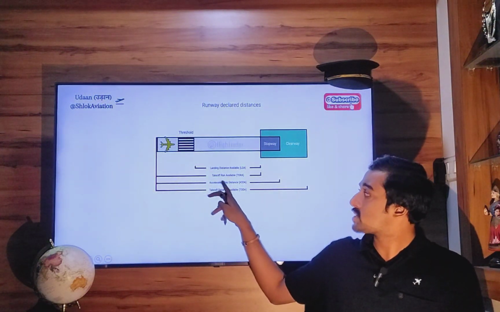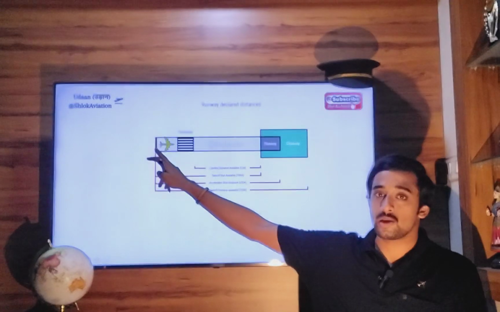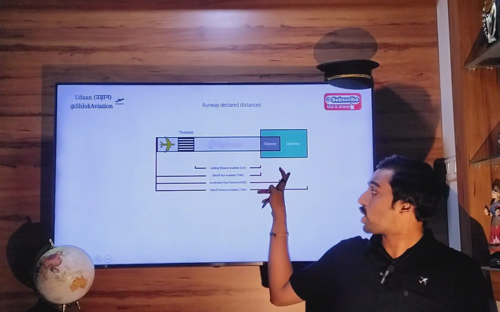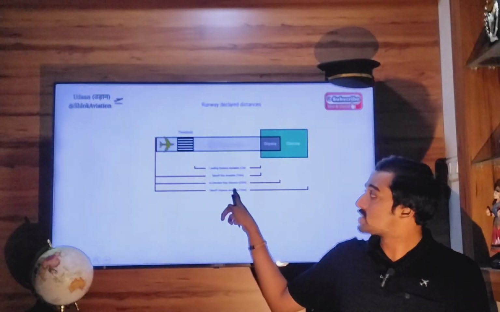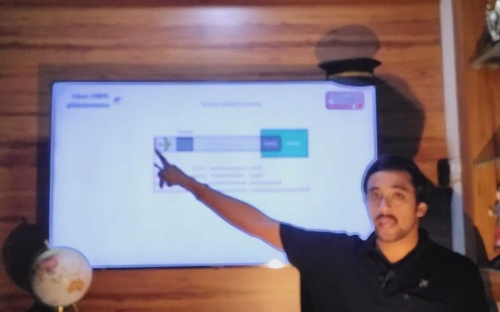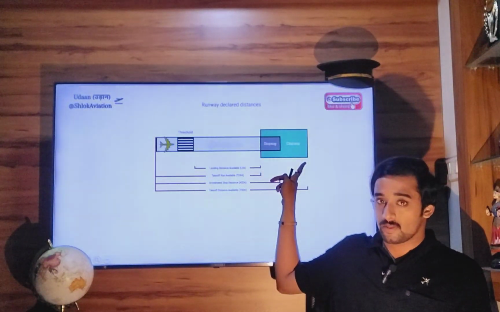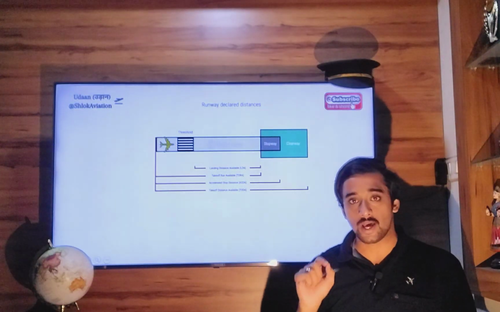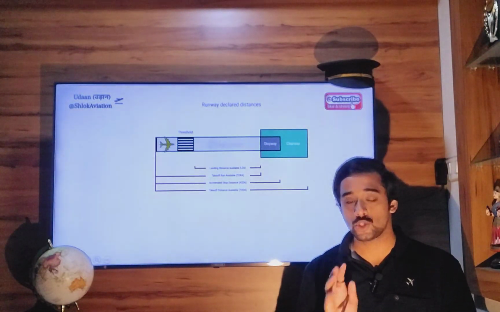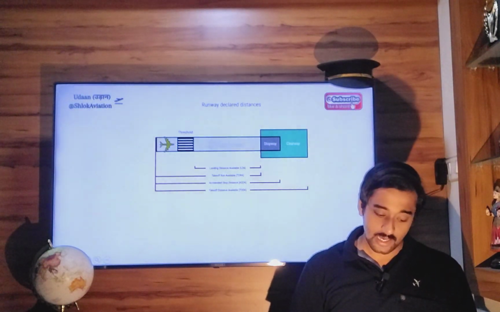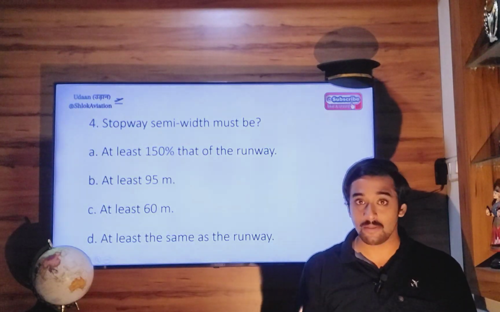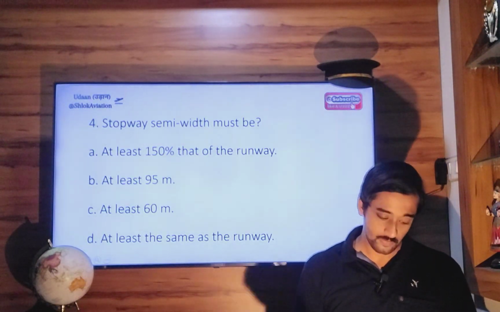Accelerate stop distance again starts from the place where you start your takeoff up to stopway, and takeoff distance available is from the start of the takeoff run available up to the end of the clearway. Okay, so this diagram, you must draw this diagram, you must label this diagram. You should be able to draw this diagram in your SPL Viva exams, ATPL Viva, airline interviews.